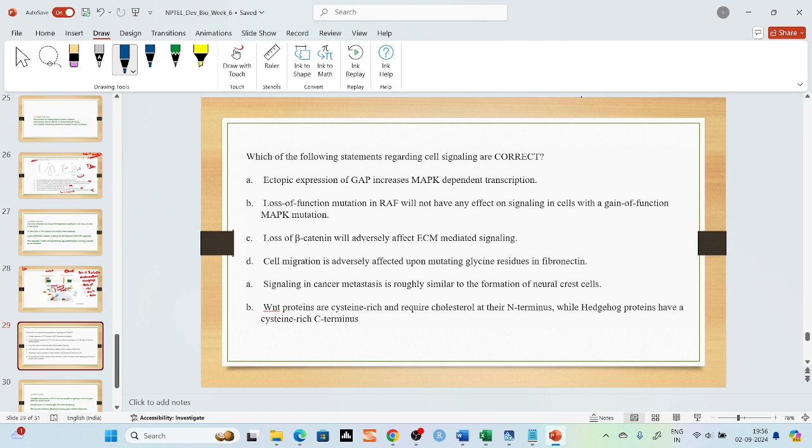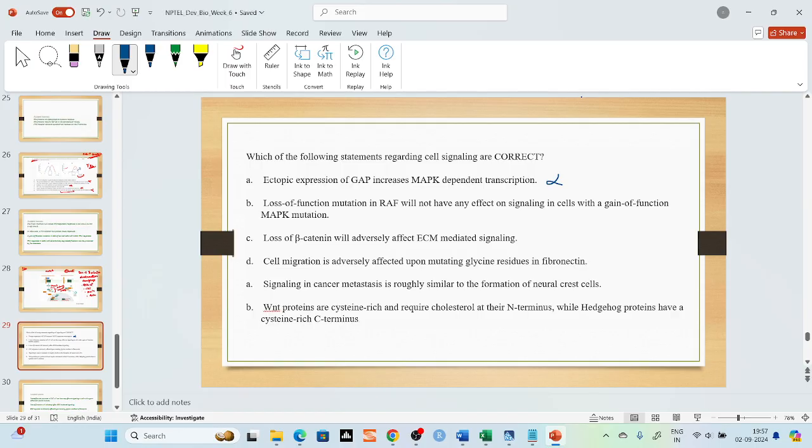Because GAP will inhibit RAS. So this is incorrect. Next is loss of function mutation in RAF will not have any effect on signaling in cells with a gain of function MAPK mutation. So yes, why is it correct?